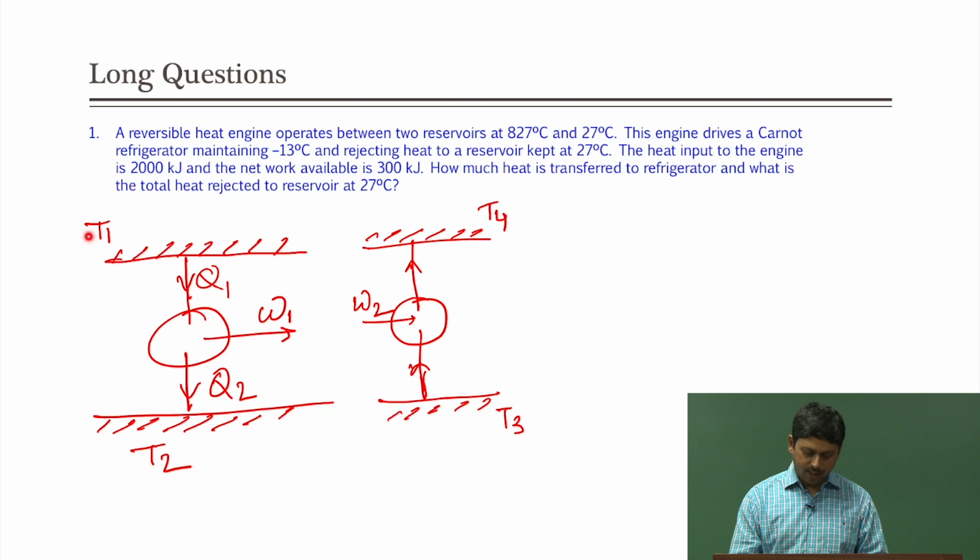So, T1 is 827 degree centigrade, T2 is 27 degree centigrade, T3 is minus 13 degree centigrade and T4 is 27 degree centigrade. We do not know about W1 and W2, but we know the value of Q1 which is 2000 kilojoule and we know the difference between W1 and W2 as 300 kilojoule, that is the net work.